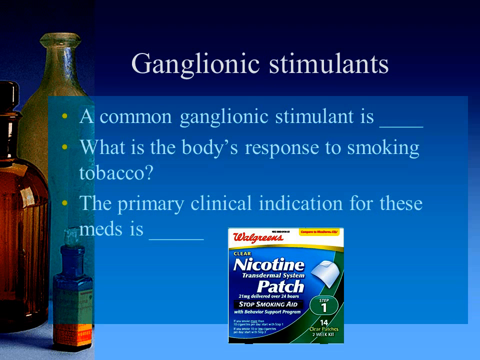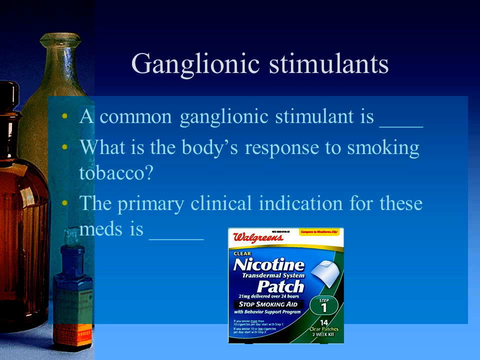Then the next one that we're going to look at is the ganglionic stimulants. Acetylcholine is also the neurotransmitter for your autonomic ganglia, and the autonomic ganglia have what are called nicotinic neural receptors.